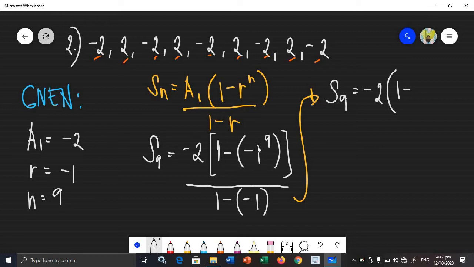Like this, the 1 is negative, right? This is the base, this is the exponent. So, when the exponent is an even number, the answer is positive. When it is an odd number, the answer is negative. So, negative 1 raised to 9, the answer is negative 1. Okay, negative 1.